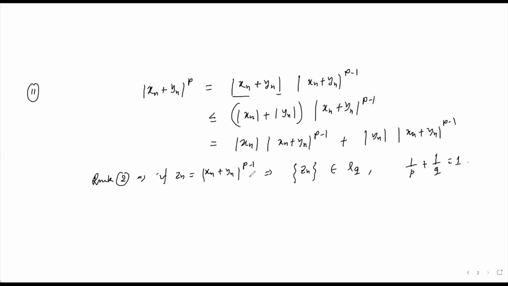Okay. Now using this, what we have is |x_n + y_n|^p is less than or equal to |x_n| times |z_n| plus |y_n| times |z_n|, where z_n is equal to this. Here we don't need to put absolute value, we can still put z_n.